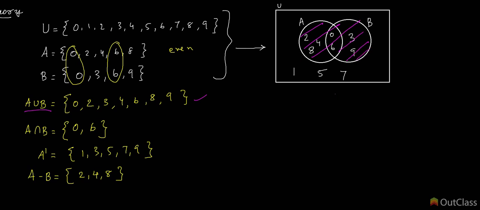This would be my A union B. My A intersection B would be the area which is both A and B. My A complement would be everything outside A. Ditto for B complement, everything outside B. Then I have my A minus B, which is this portion here. Everything that's in A but not in B. A minus B. And similarly, you can draw B minus A as well.